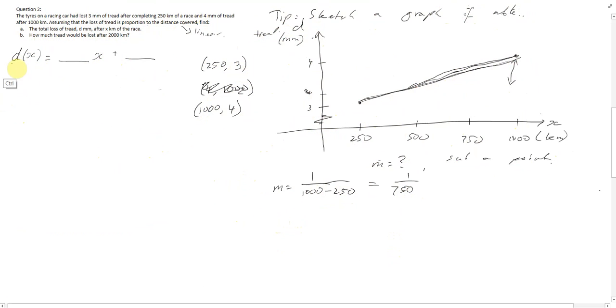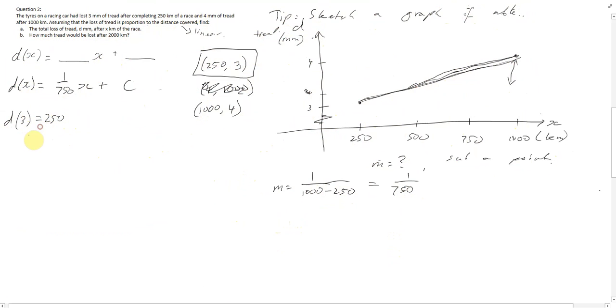So let's write out what we know so far. d of x is equal to 1 on 750 x plus a constant c. So let's sub in this point here. Alright, so we have d of x is now 3, which equals 250.